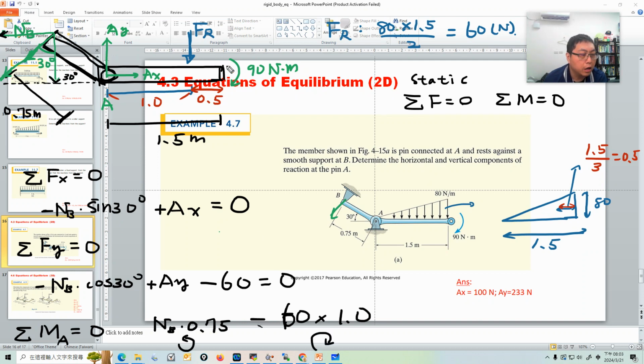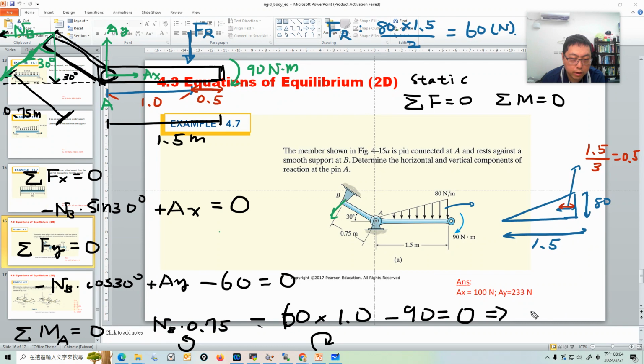And the final 90 moment here is also clockwise, so it's minus 90, equal to 0. After this equation, we see that there is only one equation and one unknown, so this is solvable.